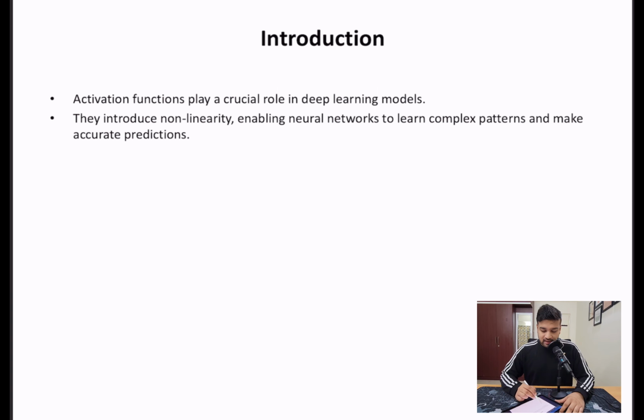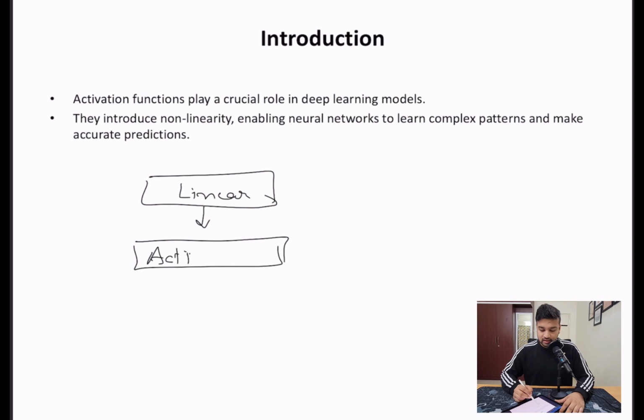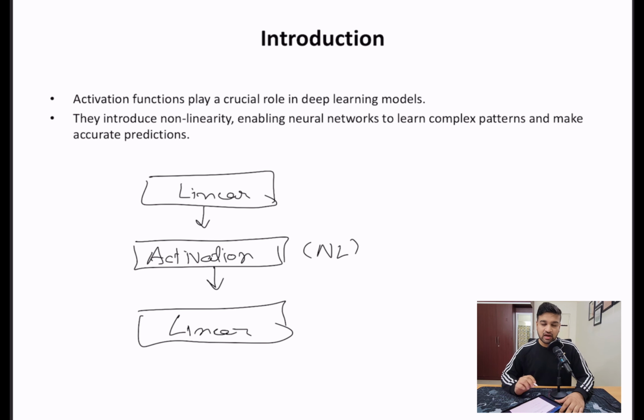It is said that if in between two linear layers you introduce just one activation layer, which is obviously a non-linear activation function, then you can theoretically approximate any continuous function of any degree. You just have to keep making this linear layer larger and larger, and you can approximate any order function. It has to be a continuous function. That is the only condition, and this is basically known as universal function approximation.